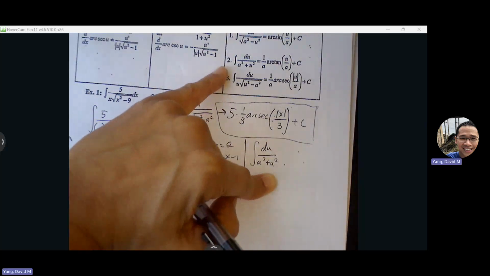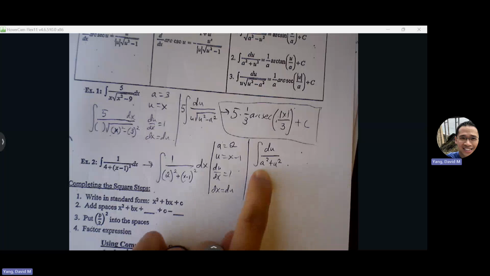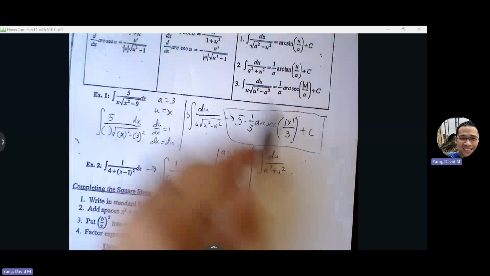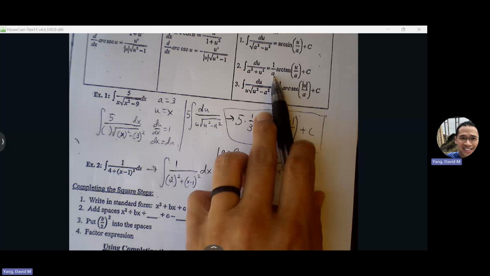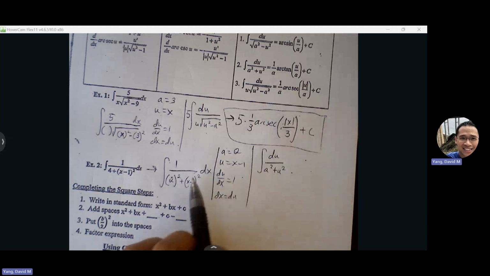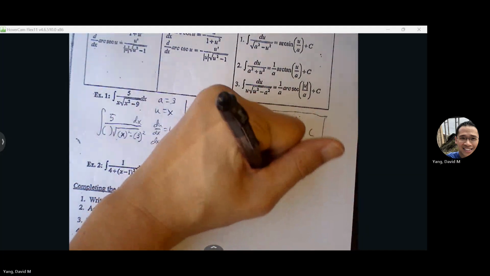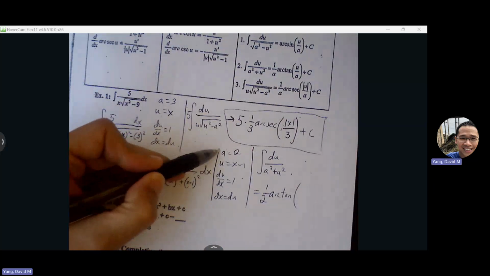There's my rule to match. There's no leftover coefficient outside of my rule, so I can jump directly into my rule now. So 1 over a, as I follow the rule, I'm going to replace them back in terms of my original variable. So 1 over what? 1 over 2. Arc tangent of u over a plus c.